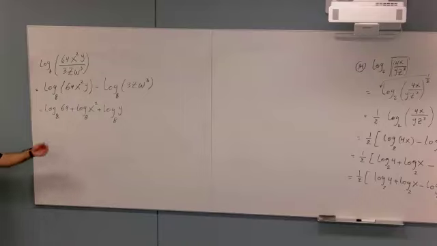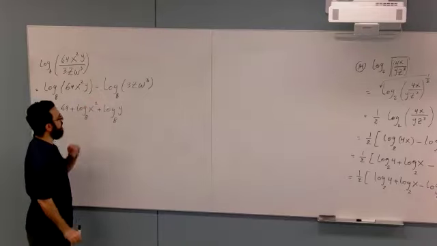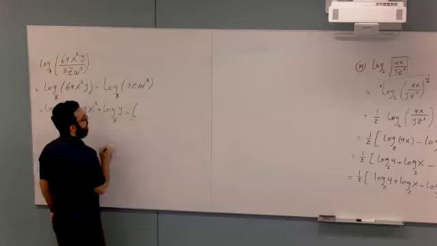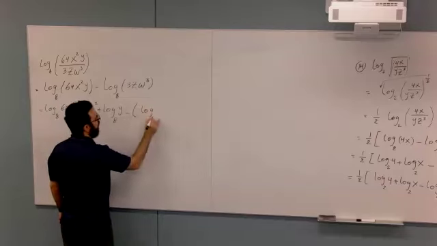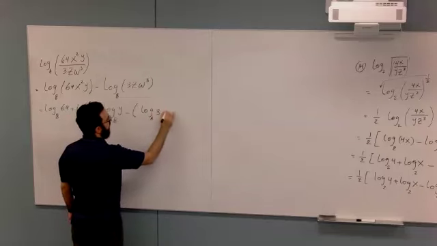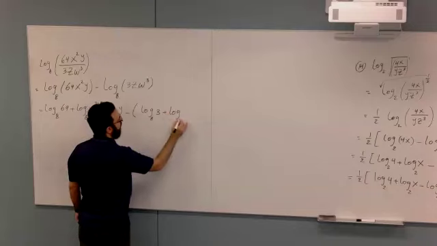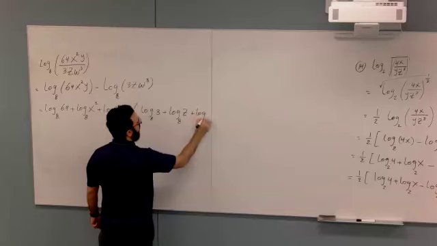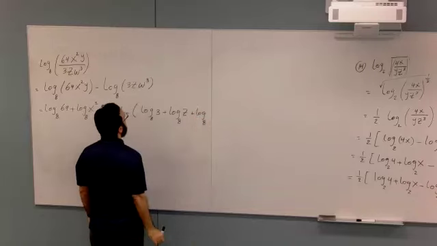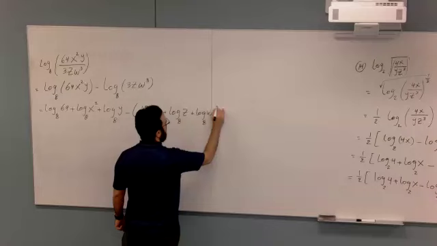Okay? For the next part, you have to be careful. The negative sign, parentheses, is going to be log to the base 8 of 3 plus log to the base 8 of z plus log to the base 8 of w cubed.